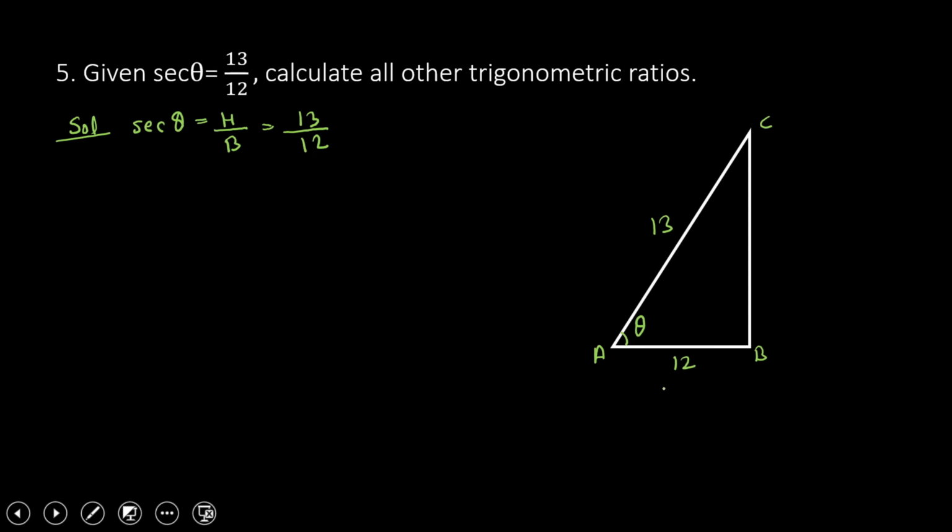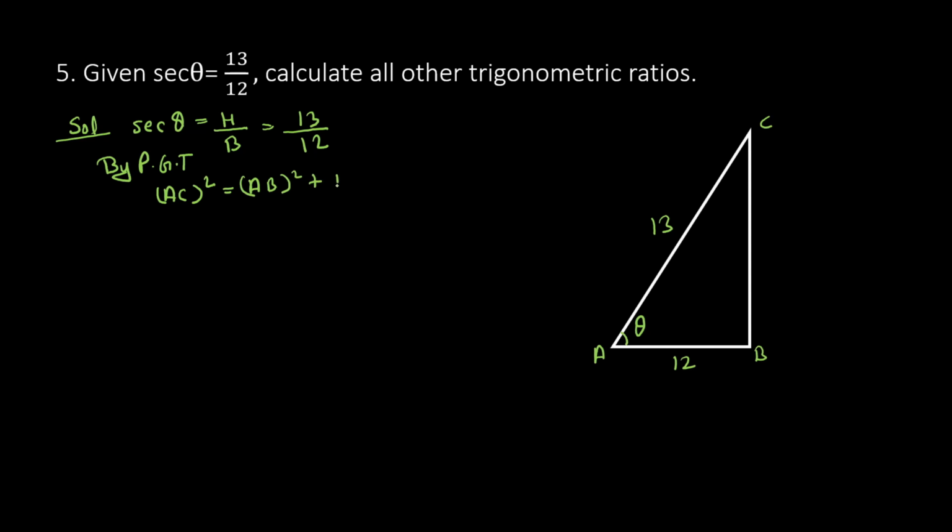So by PGT, AC whole square equal to AB whole square plus BC whole square. AC is 13, so its whole square is equal to AB is 12, its whole square, plus BC square.